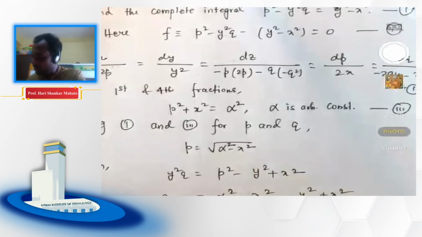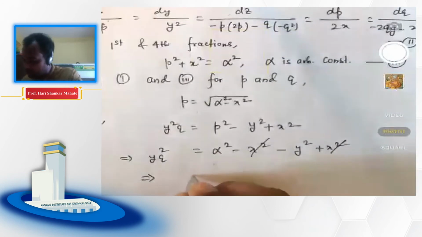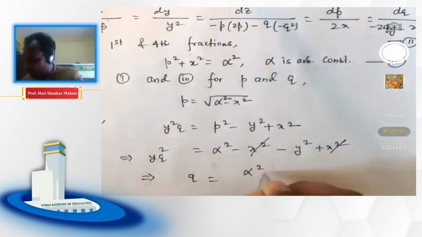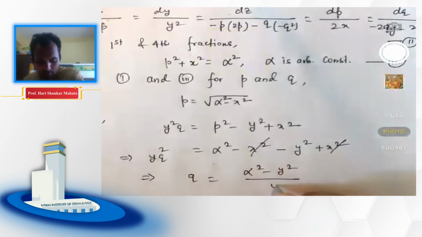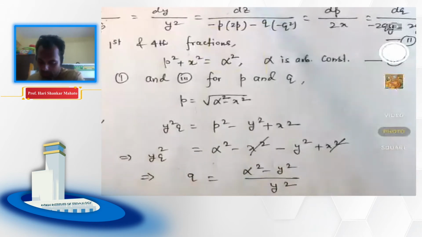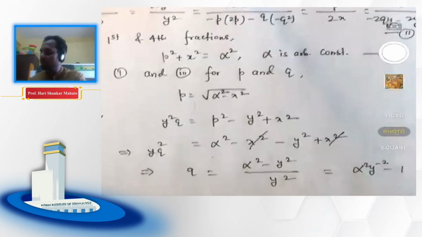So from here the x square will get cancelled, and I will get q equals alpha square minus y square divided by y square. You might also write it as alpha square y to the power minus 2 minus 1.